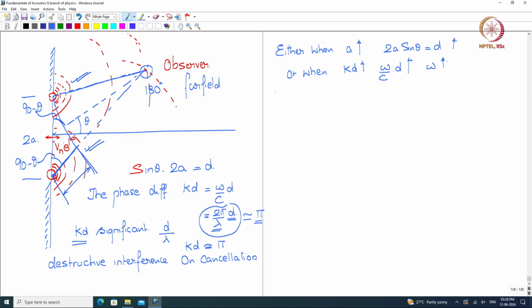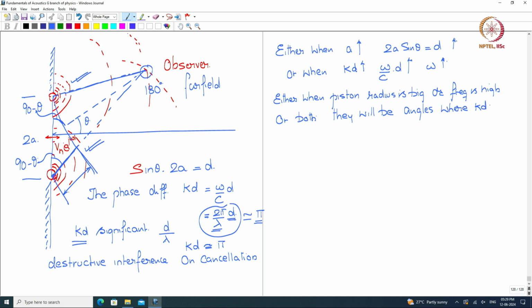So either when the piston dimension is big, the piston radius is big, or the frequency is high, or both, there will be angles where kd can acquire the value of pi.